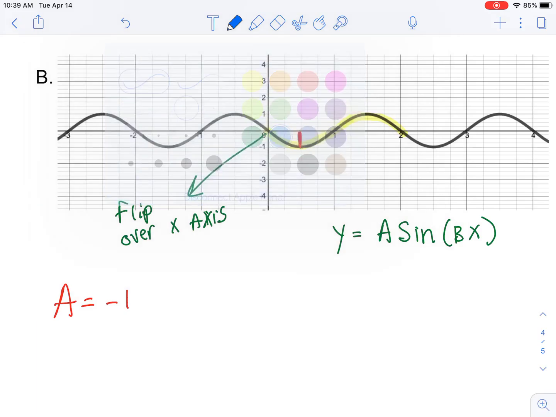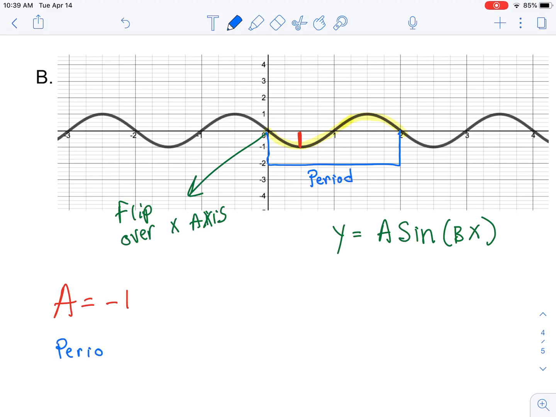My period here starts at 0 and goes all the way over to 2. So the period here is equal to 2, and we know to find the period we use the equation 2 pi over b. So I'm going to set these two equal to each other to solve for b.